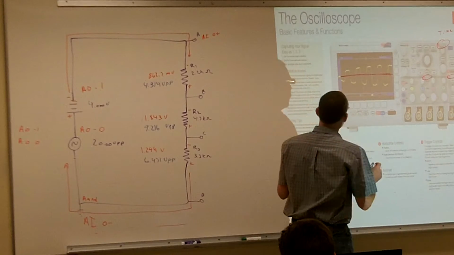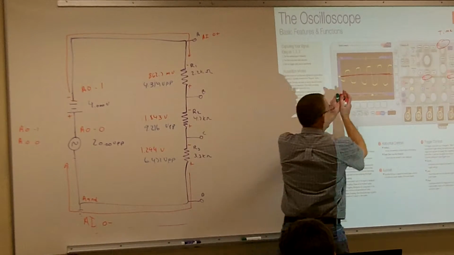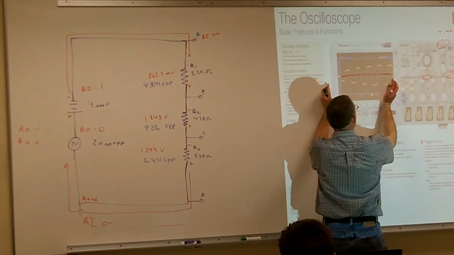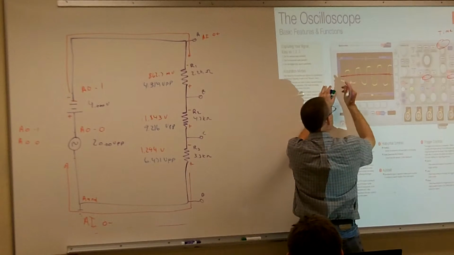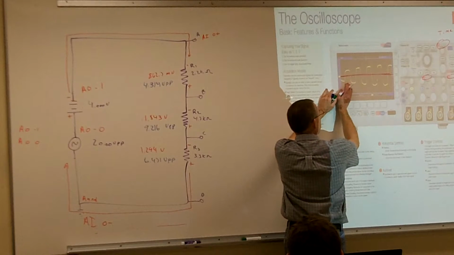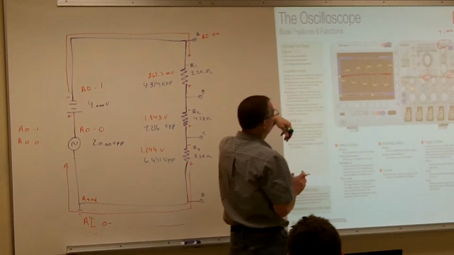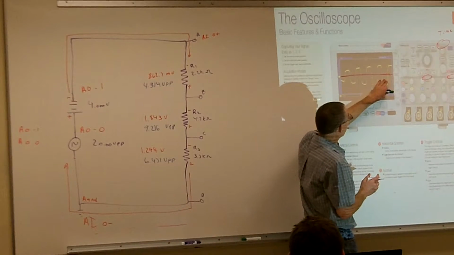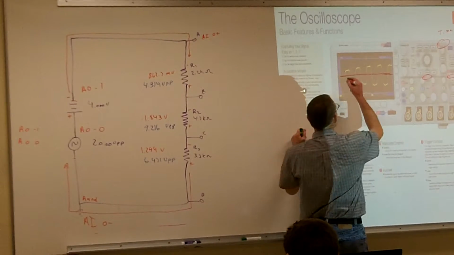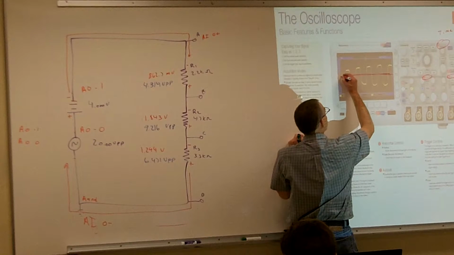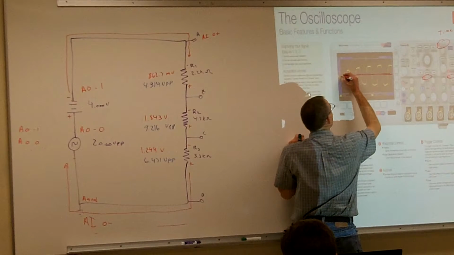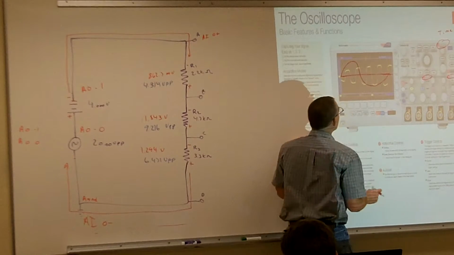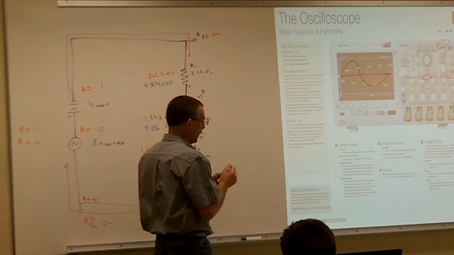Okay? So if we have a certain frequency, we have to make sure that we allow enough time so that we can at least display. So when we're graphing, we always graph out 2 complete cycles. But when we're doing measurements on our oscilloscope, I'm going to just use an AC signal here. I want to have 1 complete cycle on there.